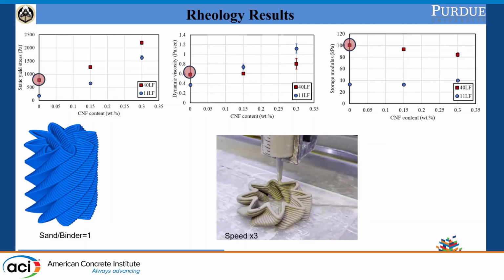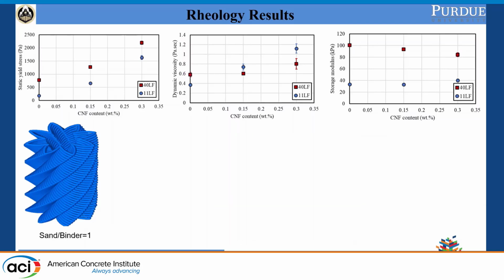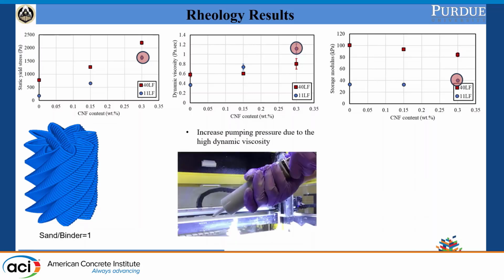And if we look at the mixture with only 0.3% CNF, the first thing I want to mention is that the dynamic viscosity shot up. In this case, because of the equipment, we are using a syringe to print the mixture.